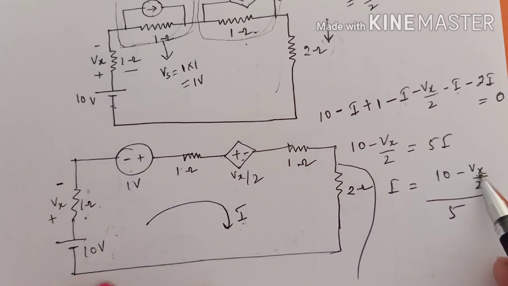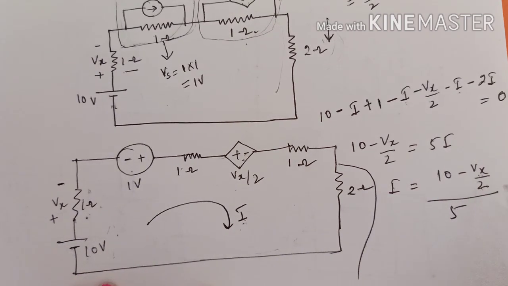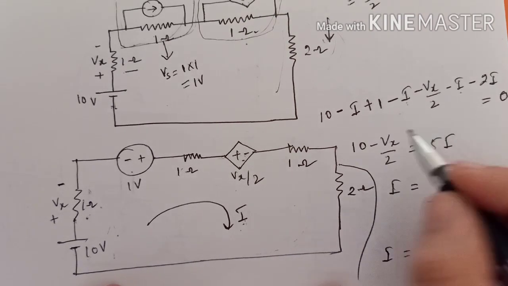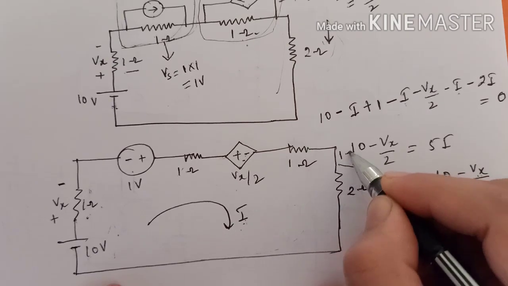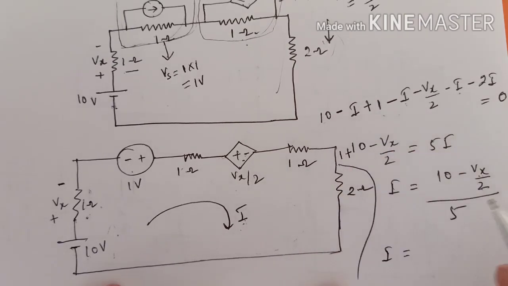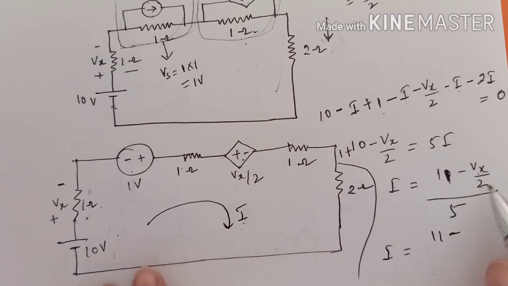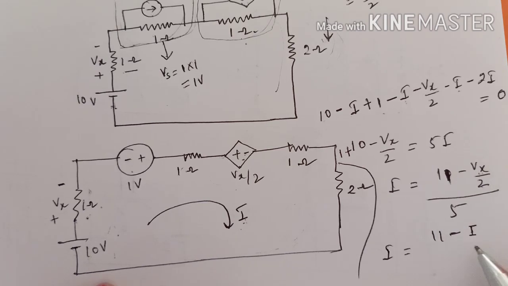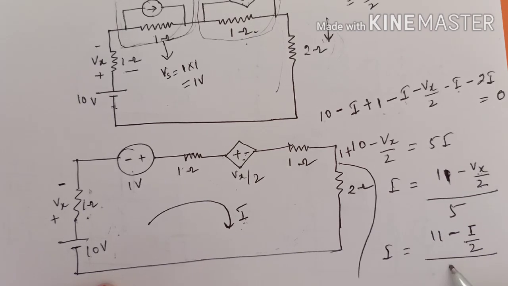So in place of Vx by 2, you can write I. So the current will be, here I missed a 1, plus 1 also here, and this 1 plus means this will become 11. Clear? So 11 minus Vx is I by 2 divided by 5.